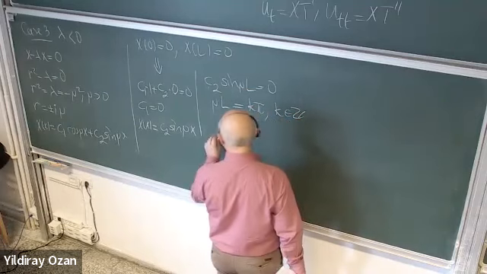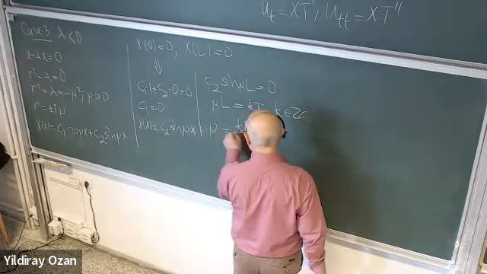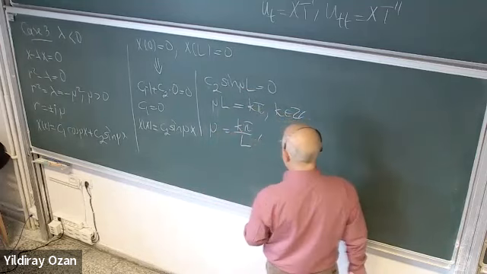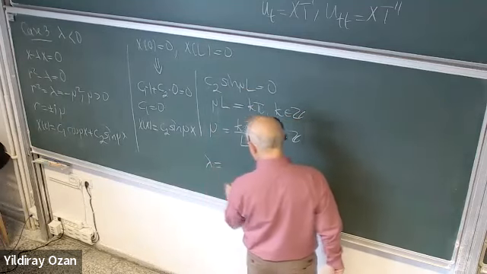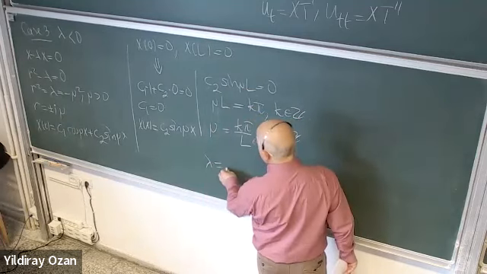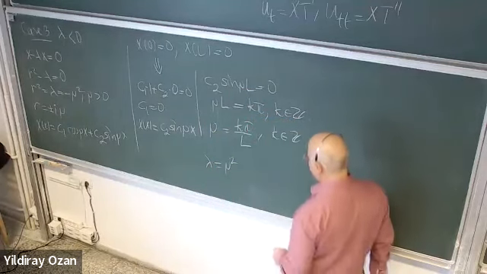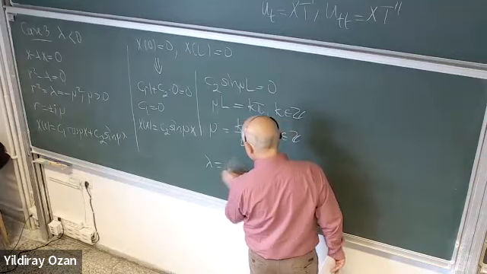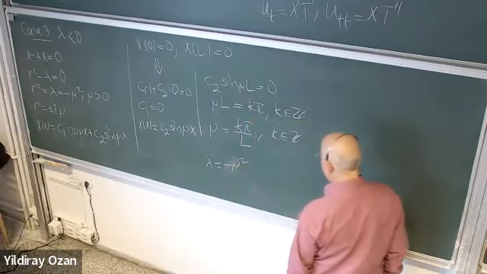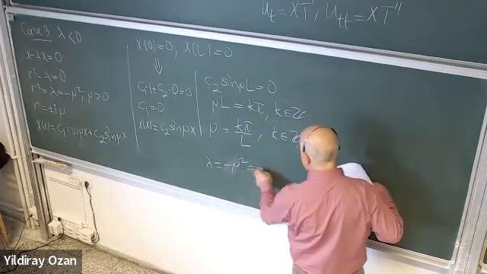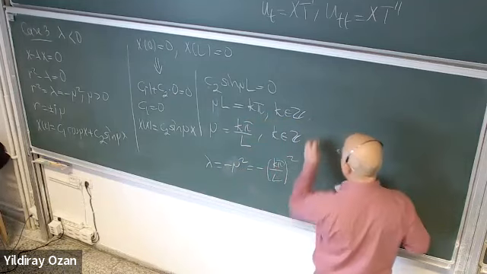Therefore, nu is just k pi over L, k being an integer. Therefore, lambda is just minus nu squared, pardon, so it is just minus k pi over L squared.